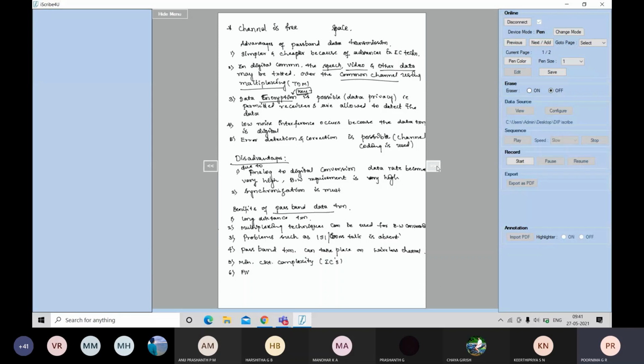Another advantage is the availability of a large number of modulation techniques. Okay.